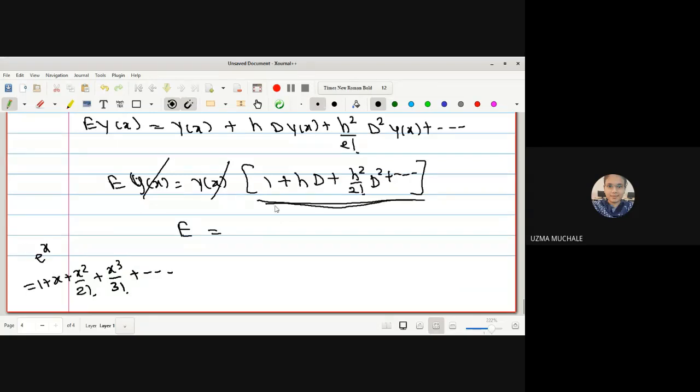So instead of x, you have to simply substitute h into D. Wherever you have x, you simply substitute h into D, and hence we get the relation between D and E. This is nothing but E raised to h into D.